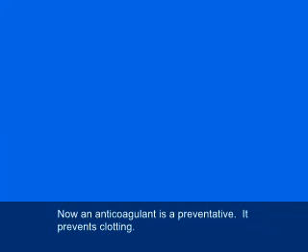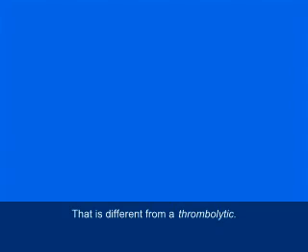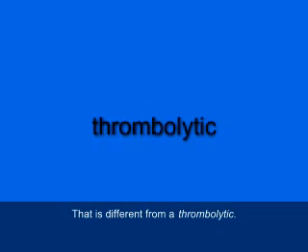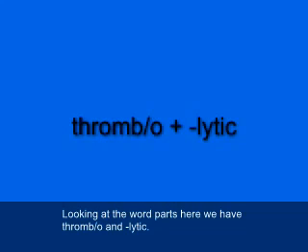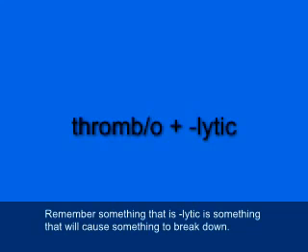Now, an anticoagulant is a preventative. It prevents clotting, and that is different from a thrombolytic. Looking at the word parts here, we have thrombo and lytic. And remember, something that's a lytic is something that will cause something to break down.